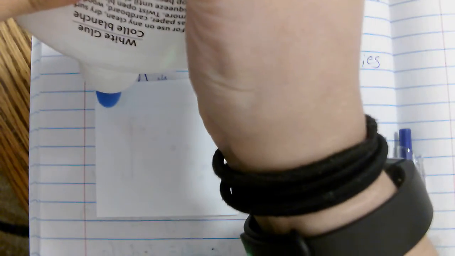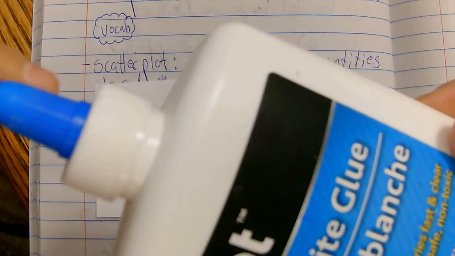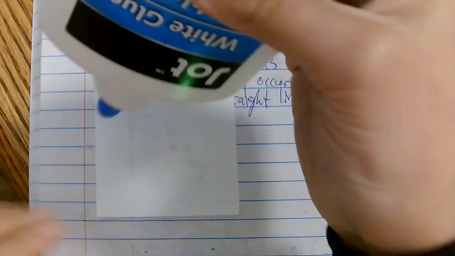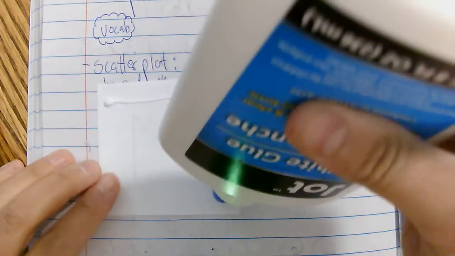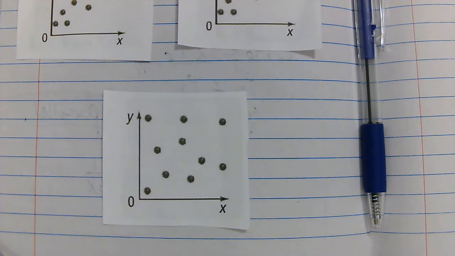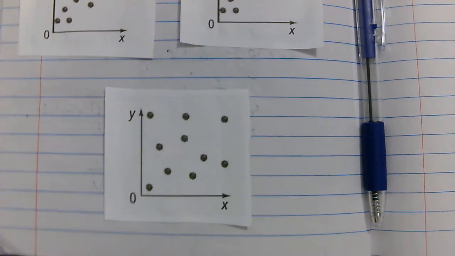Put that in there. Uh-oh. Glue not working. There we go. Alright. So I'm going to glue in all 3 of these, and I'll be back in just a second. Okay. So I've glued in all 3 of them.